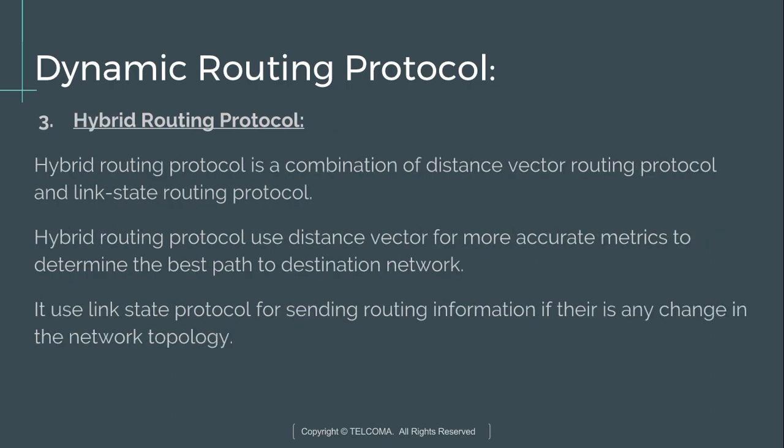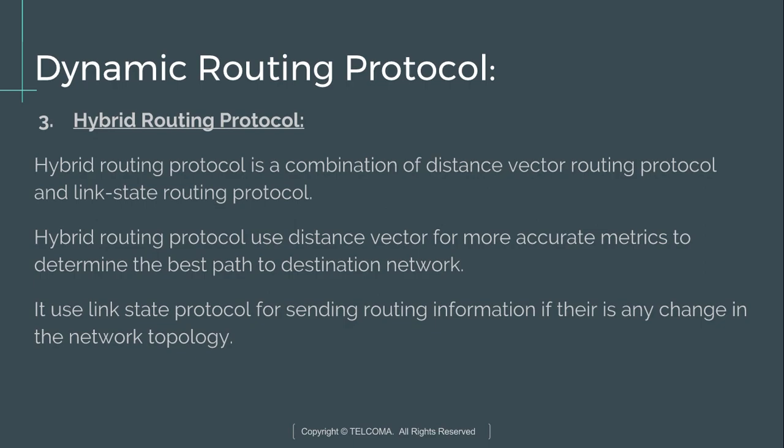The next is hybrid routing protocol. As its name suggests, it is the combination of distance vector routing protocol and link state routing protocol. Hybrid routing protocol uses distance vector for a more accurate metric to determine the best path to the destination. So it uses only the accurate metric from the distance vector, and it uses link state protocol for sending routing information if there is any change in the network topology.